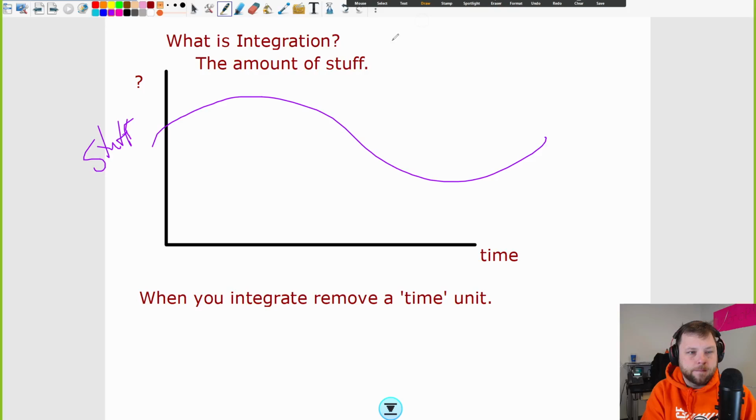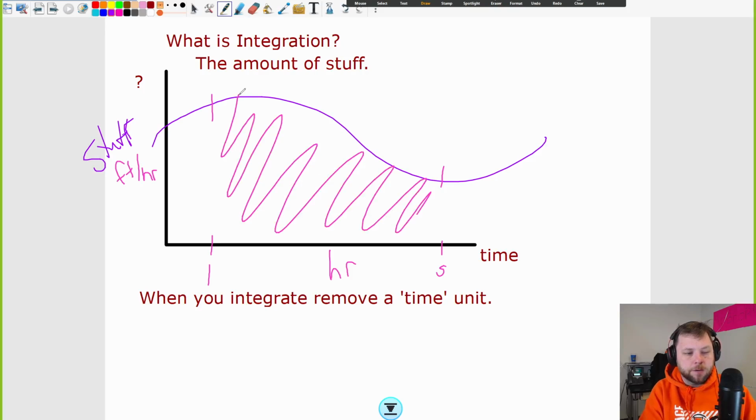Well, the idea is that when you integrate this, we're going to remove a time unit. So what do I mean by that? Let's say this bottom unit was hours. And then let's say this was feet per hour. And let's say I integrated from hour 1 to hour 5, and we had all this area right here.